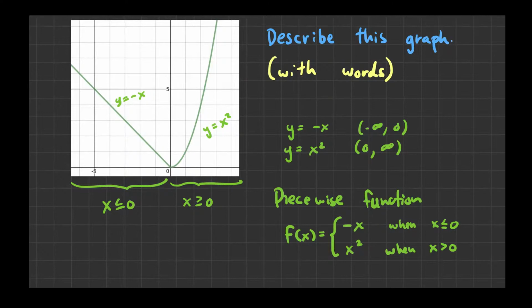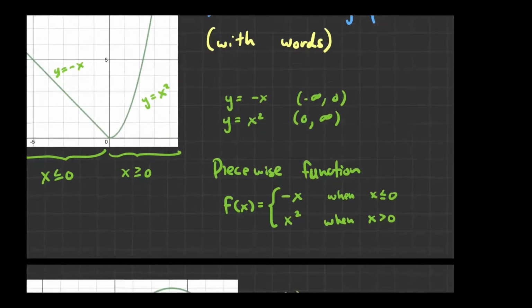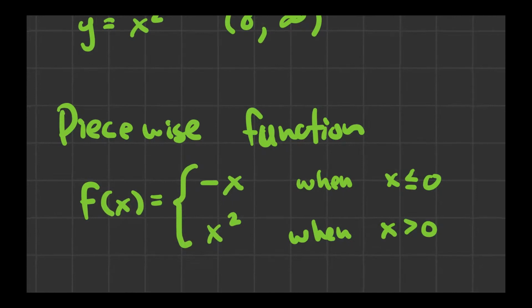Now, it just so happened that these two functions overlap at a single point. They both touch the origin, the point (0, 0). So in this case, it didn't really matter if we had the less than or equal to sign here or on the second one. It means the same thing.